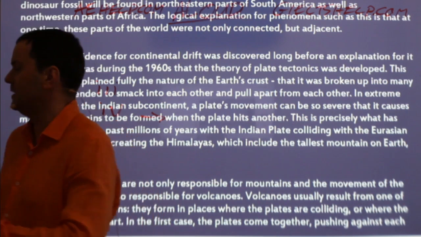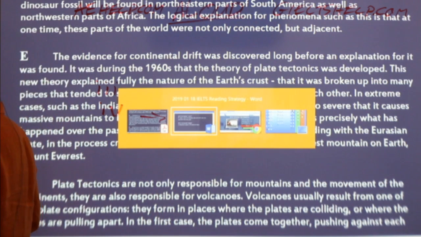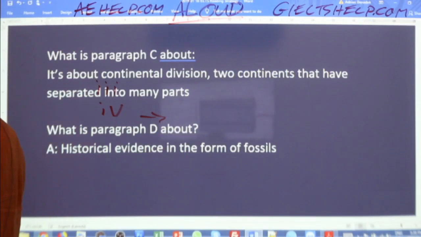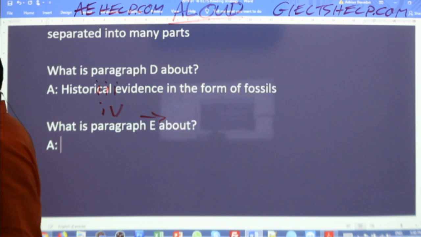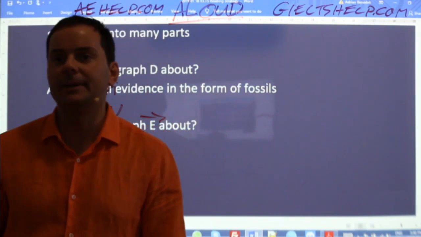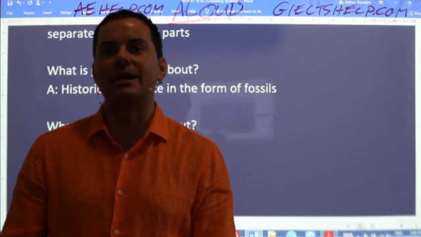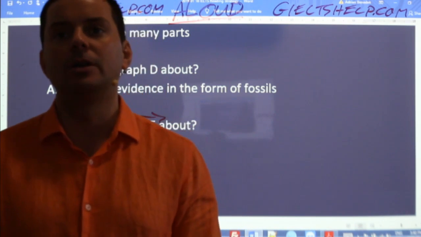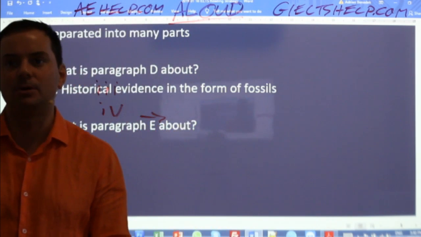What is paragraph E about? Anybody? What's the answer for that one? The Earth's transforming, creation of a new island, formation of Mount Everest. That's an example. So the end of the paragraph is an example.